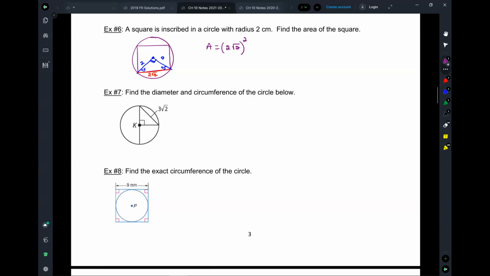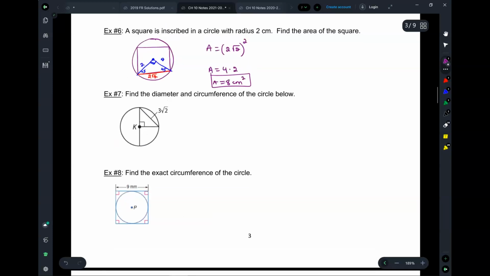When you're squaring something like that, who does the square belong to? Both of them, right? So area is 4 times 2, which is equal to 8. What are the units? Squared. Okay? All right.